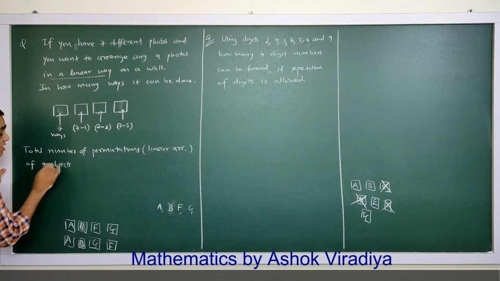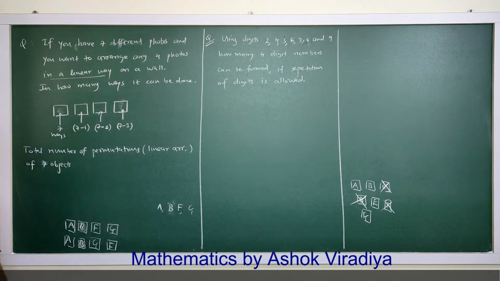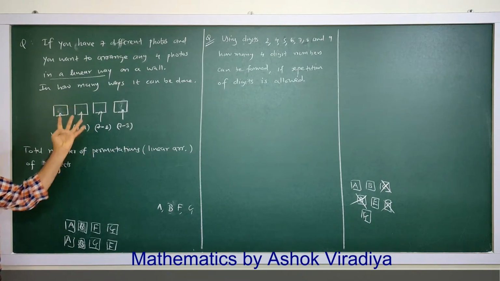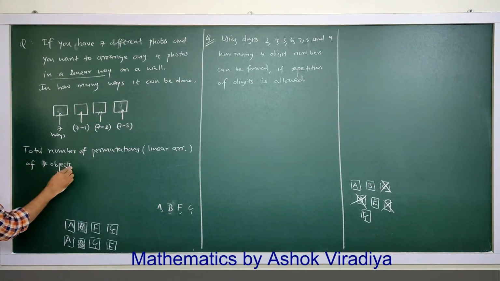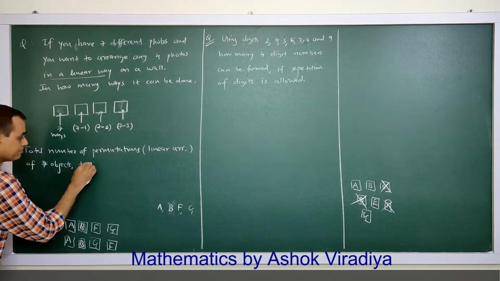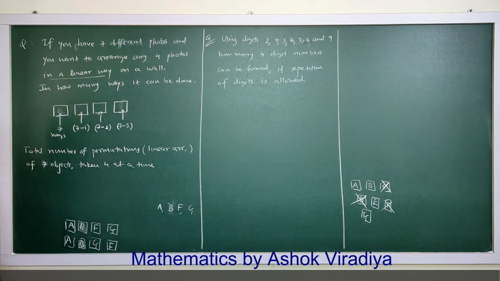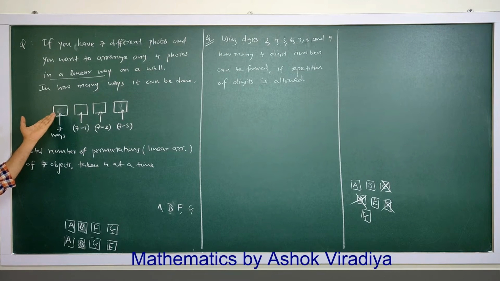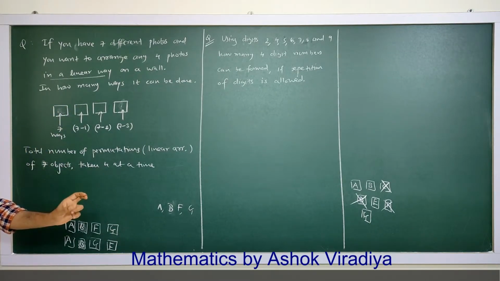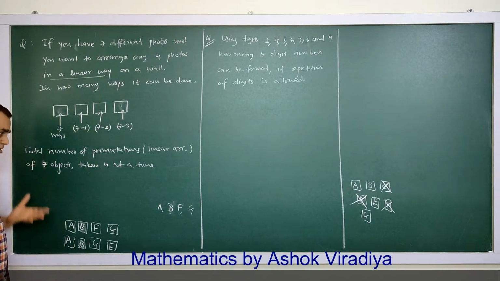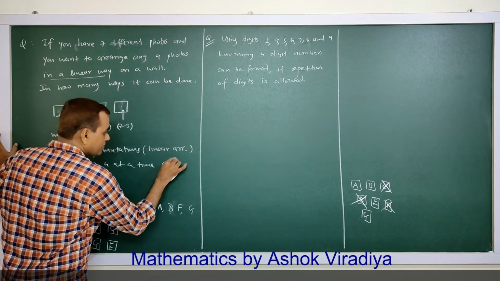We have arranged these given 7 objects. But out of 7, how many are taken? 4 are taken at a time. So permutations of 7 objects taken 4 at a time. And here no repetition is possible. Any one photo taken, you can't fix the same photo in second place because every photo is unique. So it is without repetition of objects.